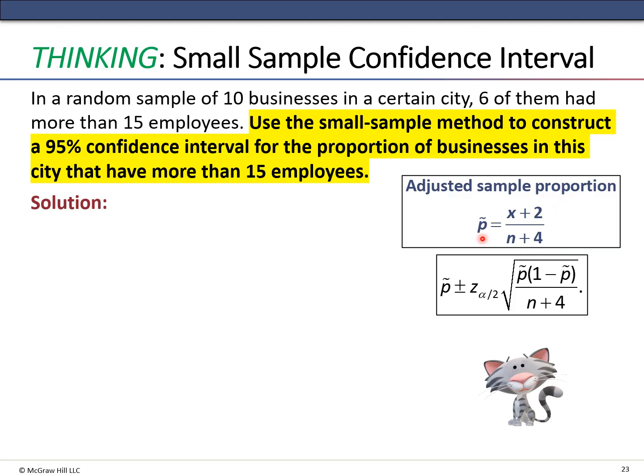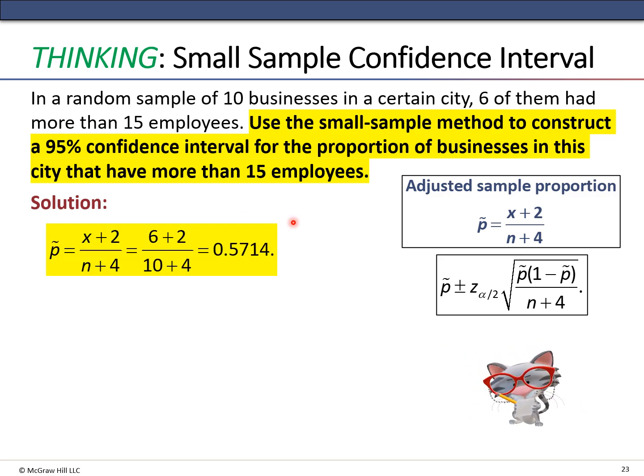So we need to calculate our point estimate. This is our adjusted point estimate. These are the ones that have more. 6 had more, so we're going to have 6 plus 2 over 10 plus 4 for our adjusted sample proportion. That gives us 0.5714.